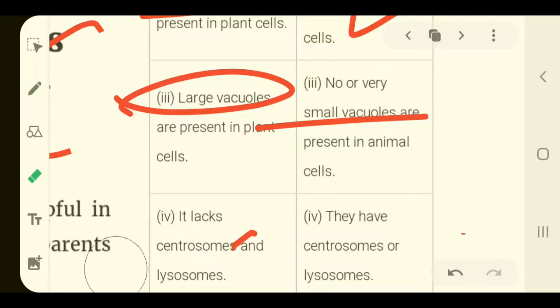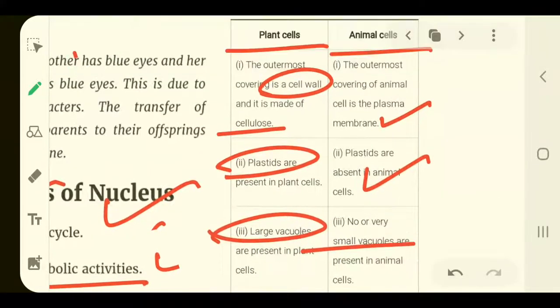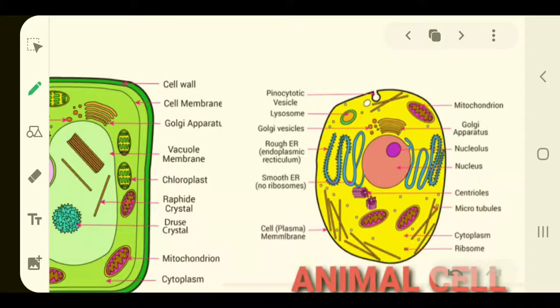So write down, this is a new term for you. Centrosome and lysosomes are not present in plant cells, so they are only present in animal cells. Their functions and all these things you will read in higher classes, some of them in particular. So these are some of the main points of difference between plant cells and animal cells.